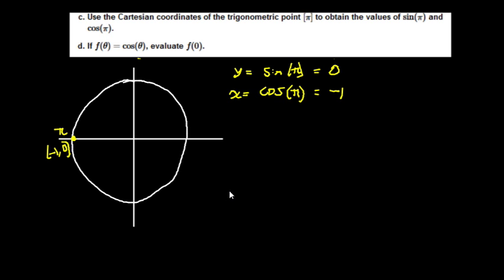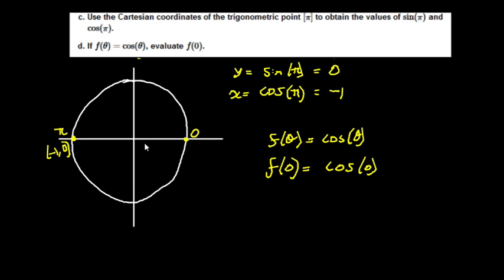And the last one, if f of theta is equal to cos of theta, evaluate f of 0. So f of theta equals cos theta. And I want to work out what f of 0 is, or in other words, what cos 0 is. 0 is over here.